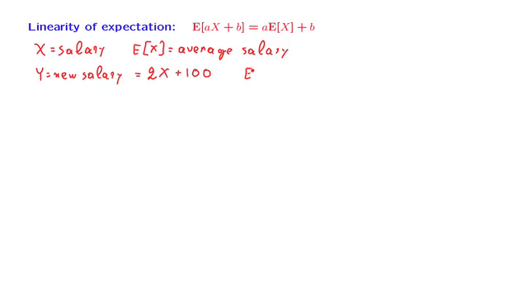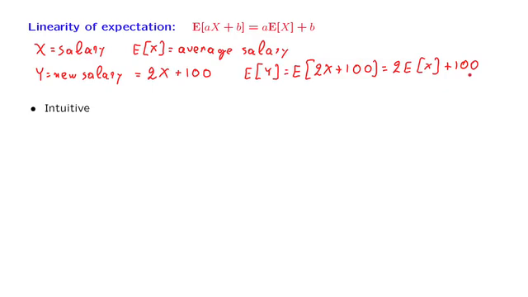Well, the new average salary, which is the expected value of 2X plus 100, is twice the old average plus 100. So, doubling everyone's salary and giving everyone an additional 100 doubles the average and adds 100 to it. This is the linearity property of expectation in one particular example.